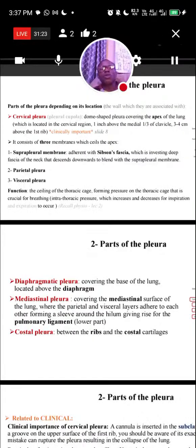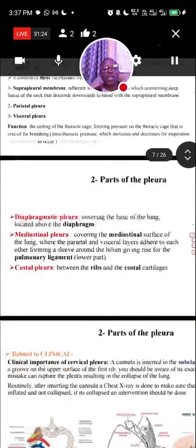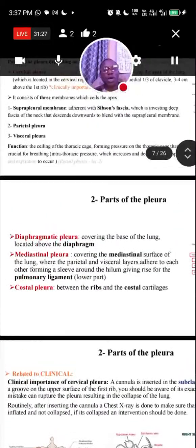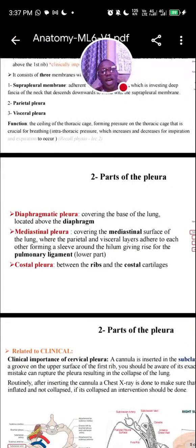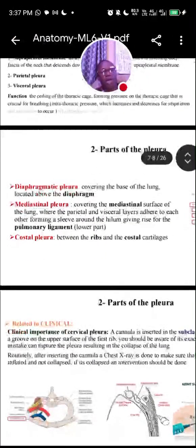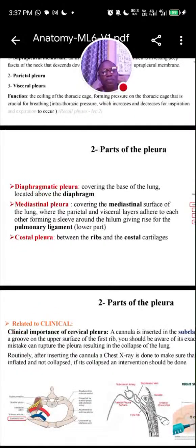So let's move on. We are done with the parts of the pleura. Of course, you may note that the diaphragmatic pleura covers the base of the lungs located above the diaphragm. Mediastinal pleura covers the mediastinal surface of the lungs, where the parietal and the visceral layers adhere to each other, forming a sleeve around the hilum of the lungs, giving rise to the pulmonary ligament.